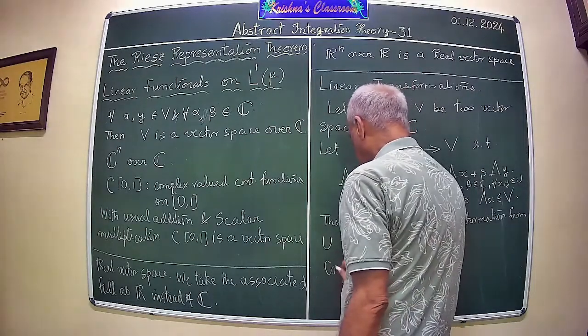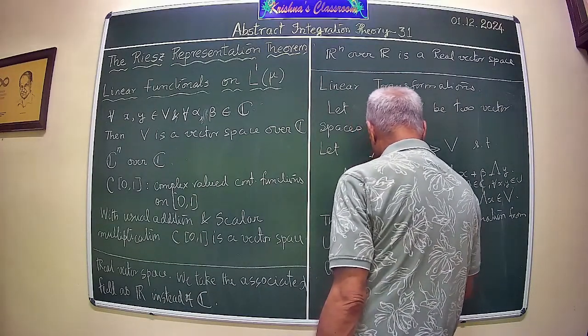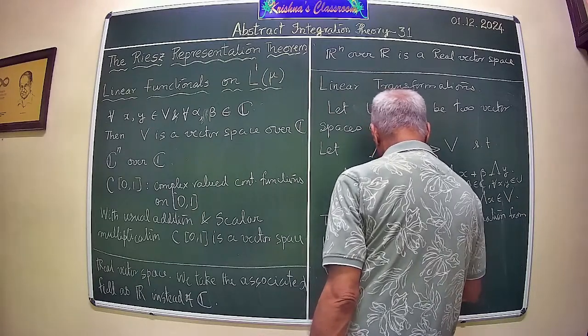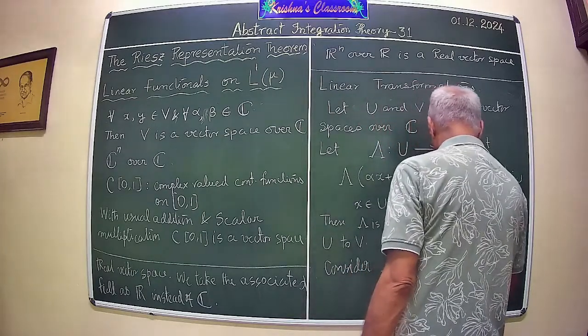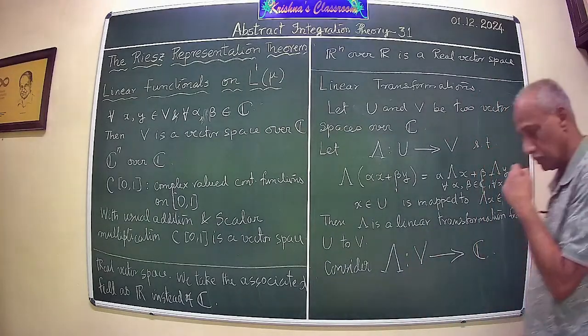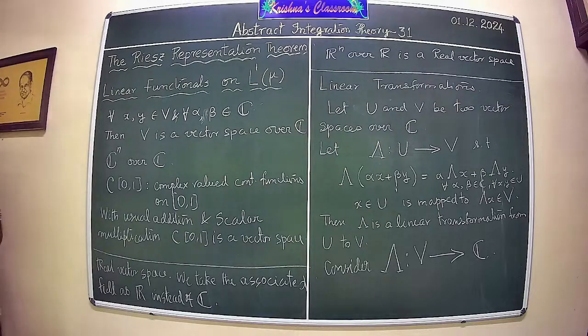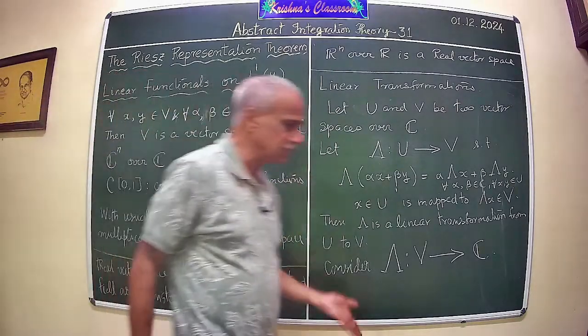Consider this. You know that C is a field and C over C is a one-dimensional vector space.